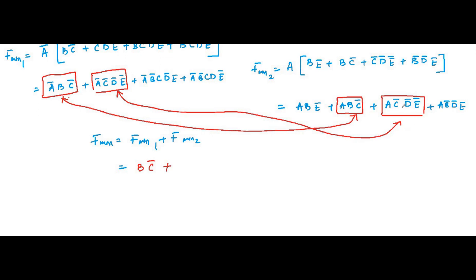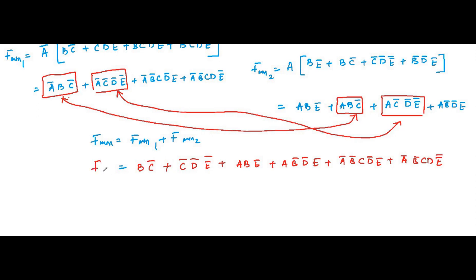Here C bar D bar E bar is common. Here it is A, here it is A bar. Same thing, C bar D bar E bar and A or A bar, it will be 1. So it will be C bar D bar E bar. For the remaining terms, there is nothing common. So it will be A B E, or A B bar D bar E, or A bar B bar C D bar E, or A bar B bar C D E bar.